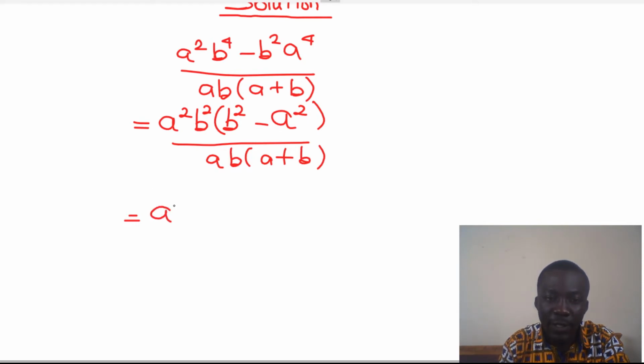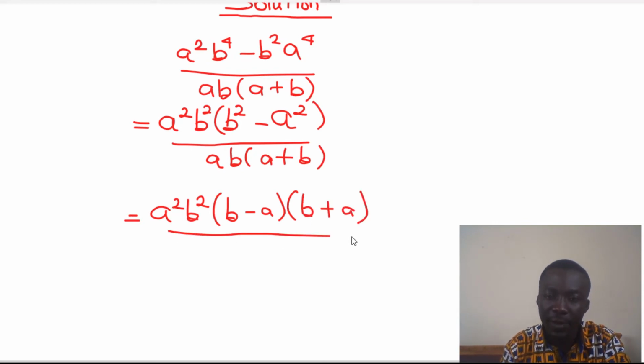When we factorize a difference of two squares, it will be b minus a and b plus a, two brackets multiplying each other, but one is a difference and the other is a sum, divided by ab into bracket a plus b.